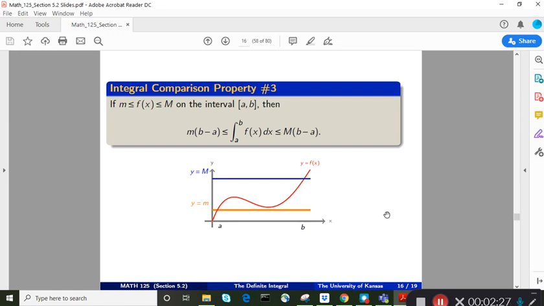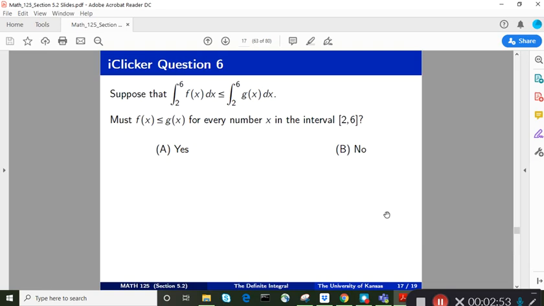And therefore the area, let's see, this is the area underneath the blue line, this is the area underneath the function, and this is the area underneath the orange line. And so you can see that the area under the function is somewhere between the cyan and the orange, basically.